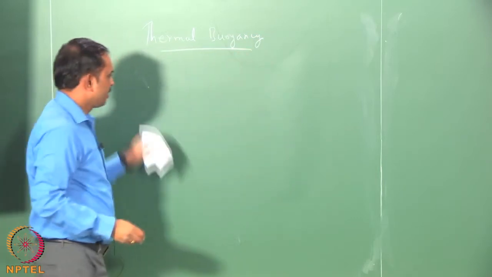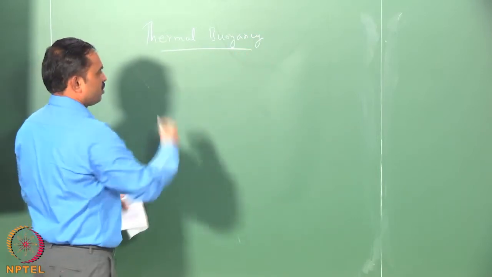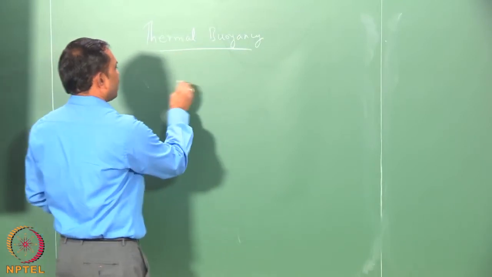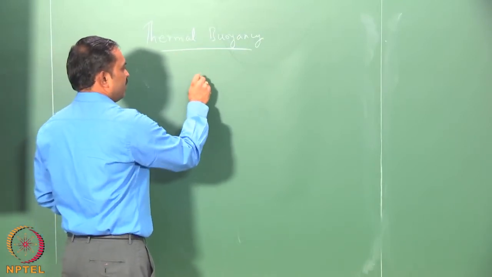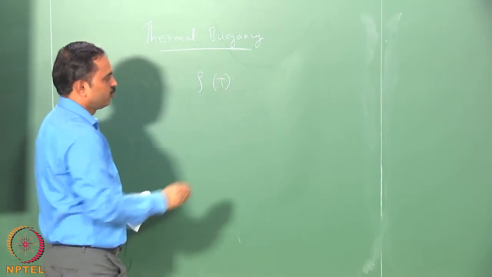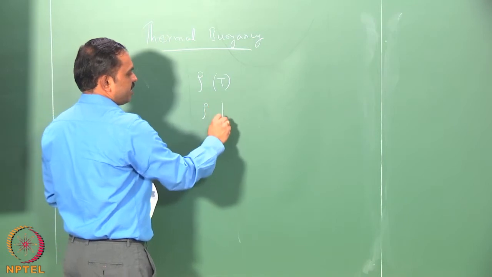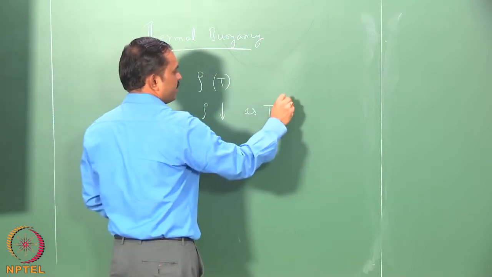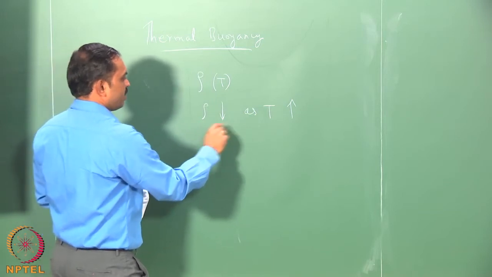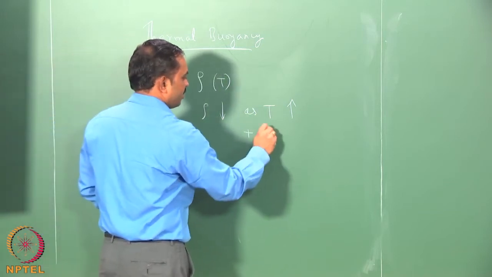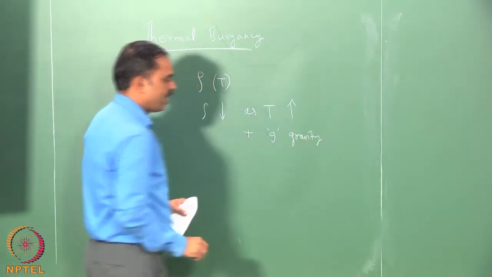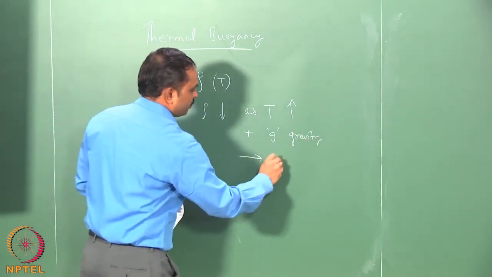So, basically the driving force because of the thermal buoyancy is coming from the density changes, which are a function of temperature. In other words, density is going down as the temperature is going up, and because of density changes combined with gravity, you would have the resultant flow.